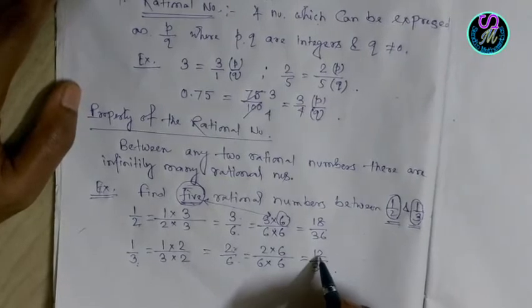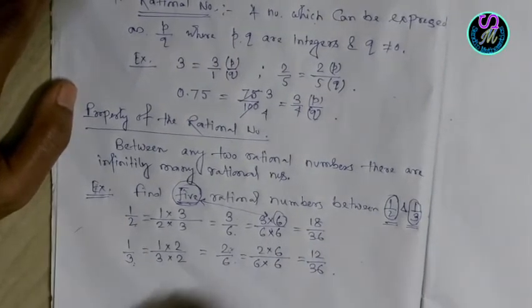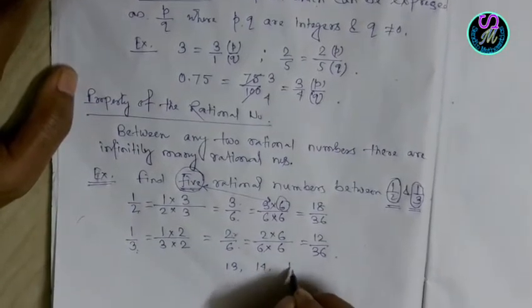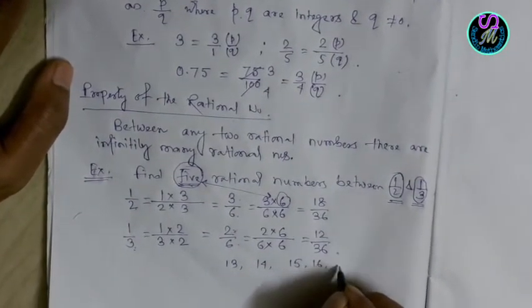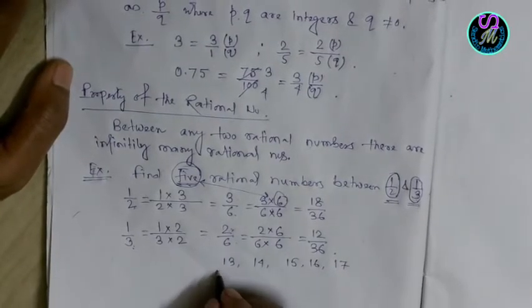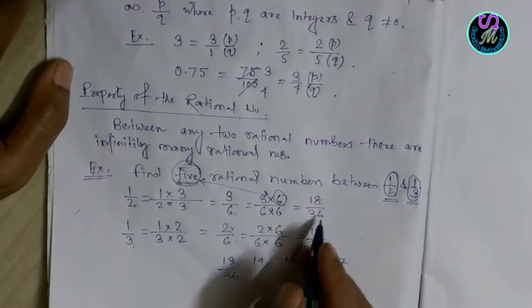then in between 12 and 18 how many numbers are there? There are 13, 14, 15, 16, 17. So 5 numbers: 1 2 3 4 5. Each denominator is 36.